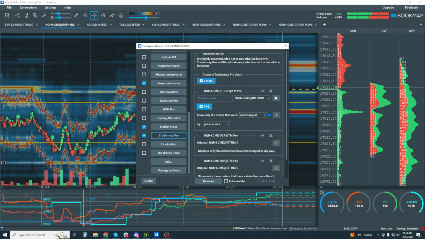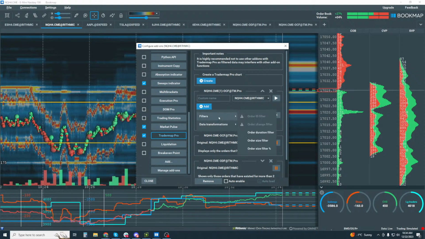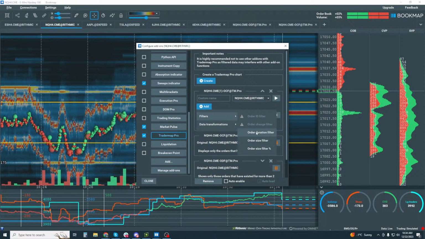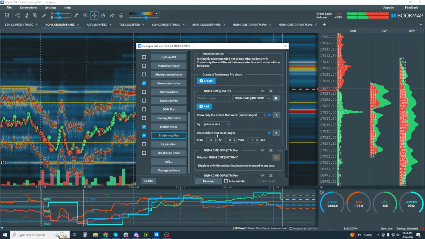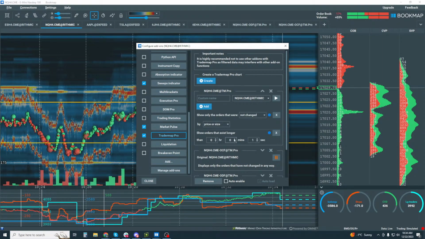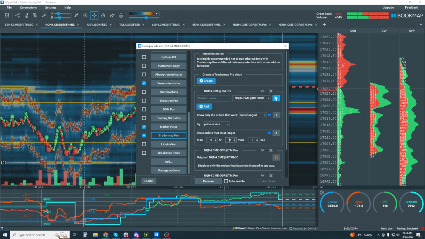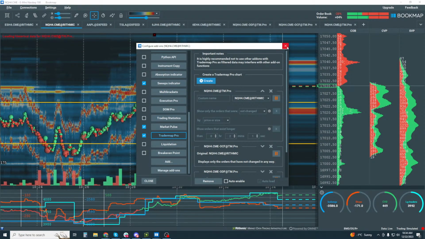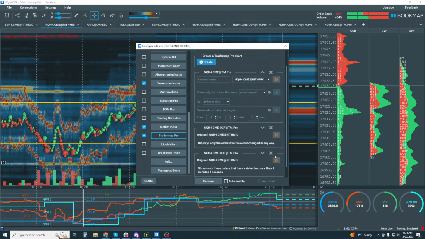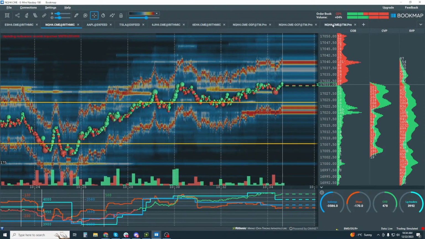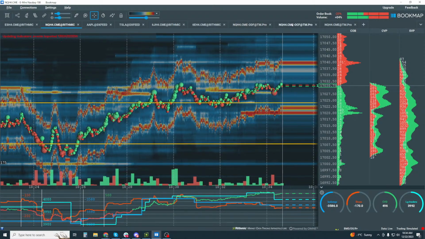We're going to add multiple filters to this one instrument, and then it's going to be the order duration filter. Order duration is now here, and we'll go back to, let's just say, 2 minutes, and we'll click play. We'll close this. Now we have 1, 2, 3 Trader Maps open, and this one now is a combination of these two here.